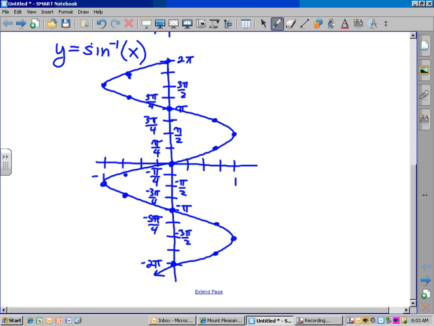Is that true for all of them? All inverses. So if you had, let's just say, a curve here. I'll just draw one on the side here. Let's say you had this parabola. Okay, this is your y, this is your x, right? If I switch it, what's going to happen?